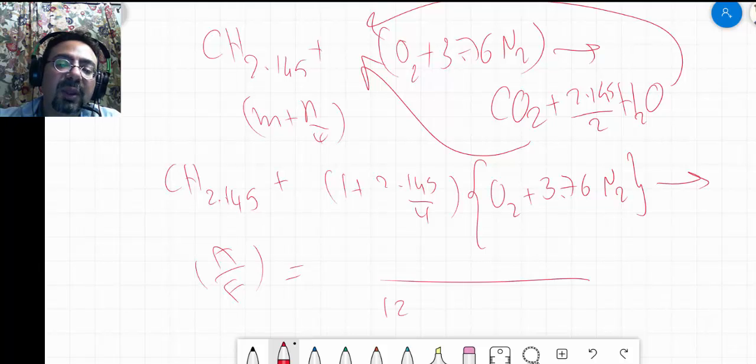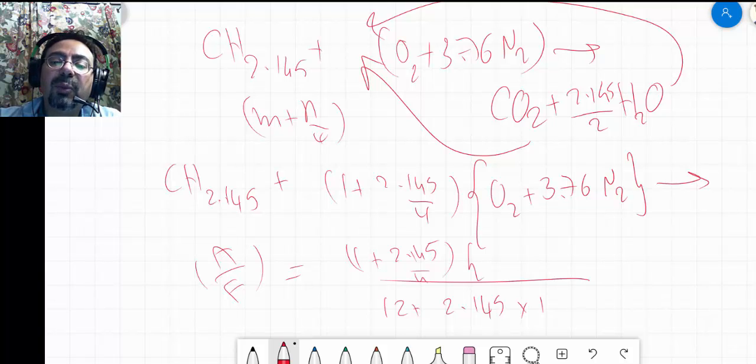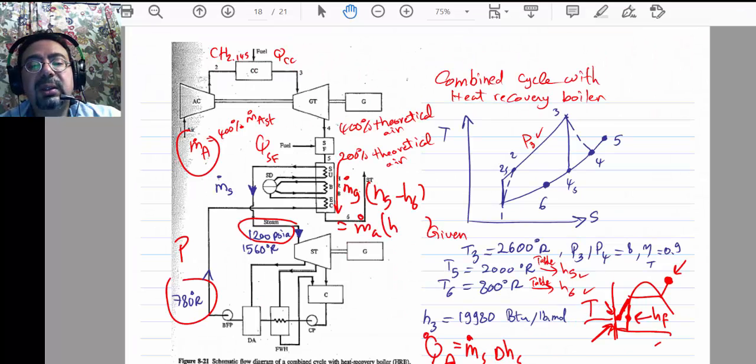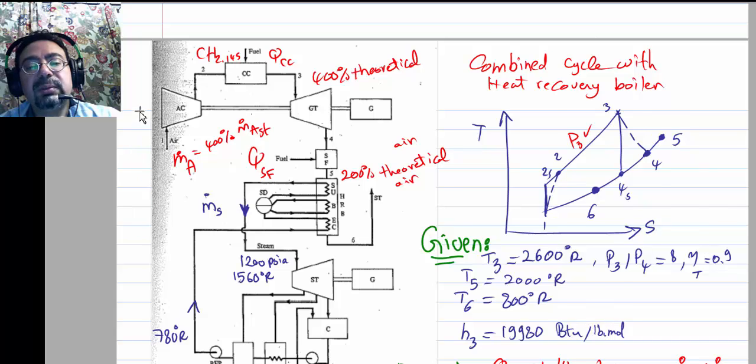What is the mass of the fuel? 12 plus the 2.145 multiplied by hydrogen's 1, and the mass of the air is this big number: 2.145 over 4 is the number of moles, multiplied by 32 plus the 3.76 multiplied by 28, right? So that will give you the air to fuel ratio. That's the theoretical fuel to air ratio.